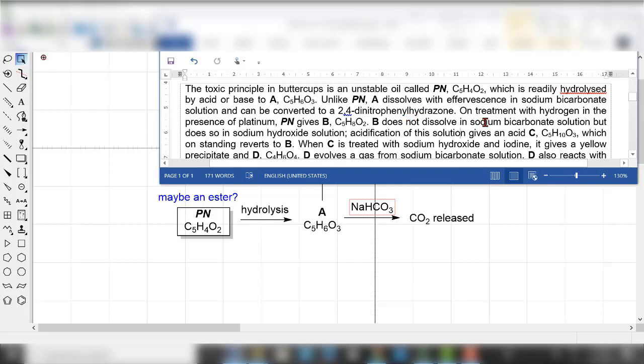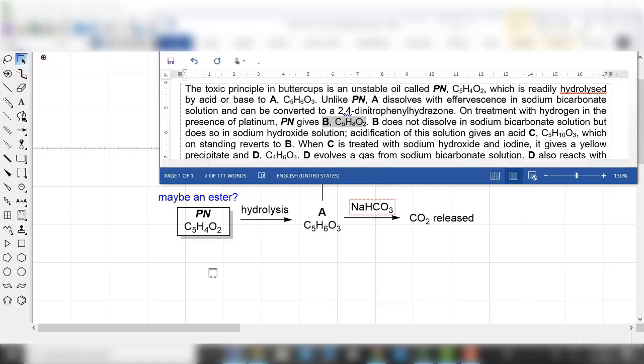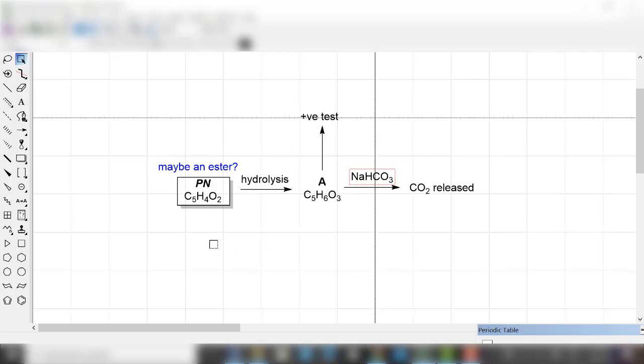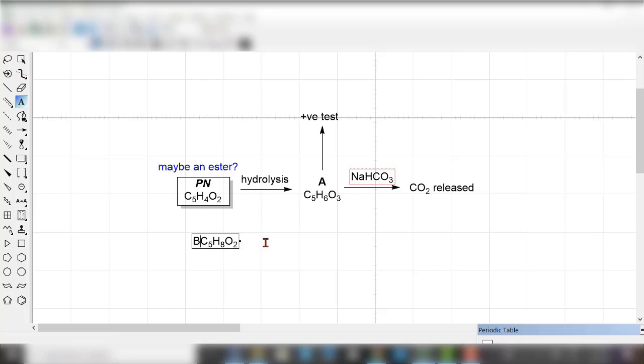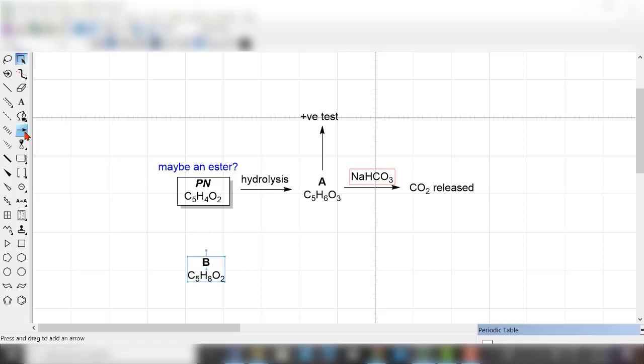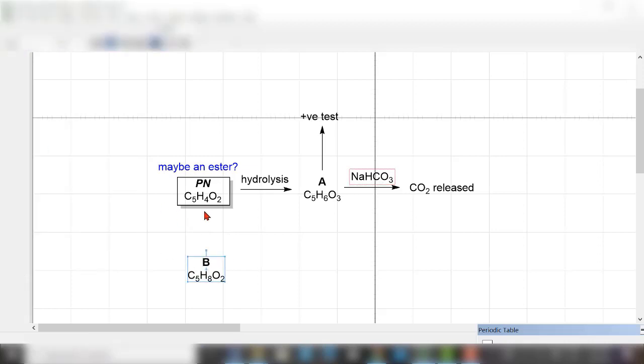And then they give you further information. For example, on treatment with hydrogen in the presence of platinum, PN gives B. Now again, this is a relatively interesting clue. I'm just going to put it in here, just right below. Gives you B. Now I'm not sure whether you notice something about B, but in terms of molecular formula, there's an increase in 4 H's.